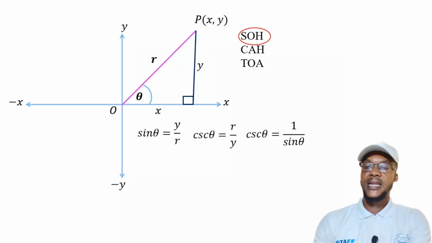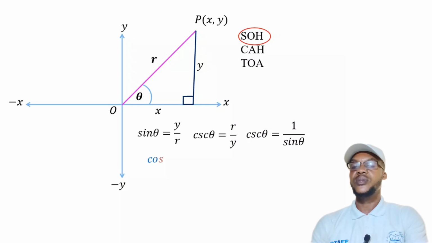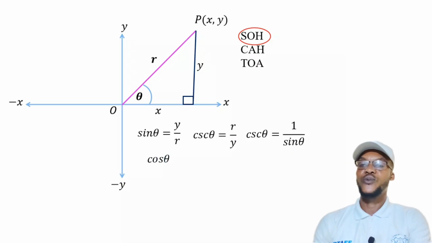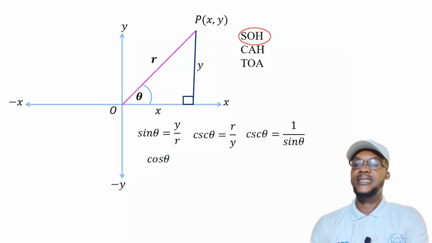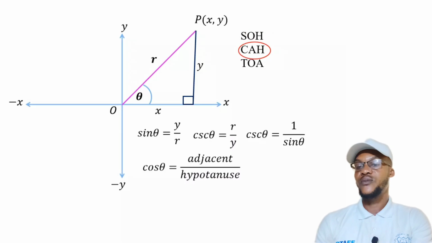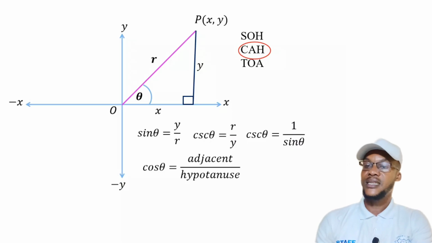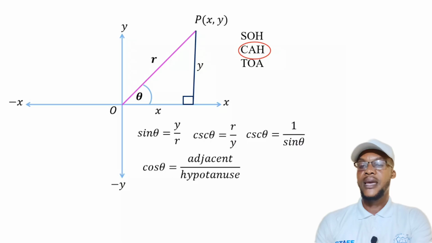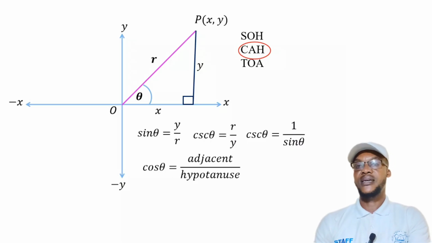All right. Then let's also look at cos. For cos, we are using CAH, and it is adjacent on hypotenuse. So which part is our adjacent? That is the x. And as we know, for hypotenuse, that is the r, that is the terminal side.